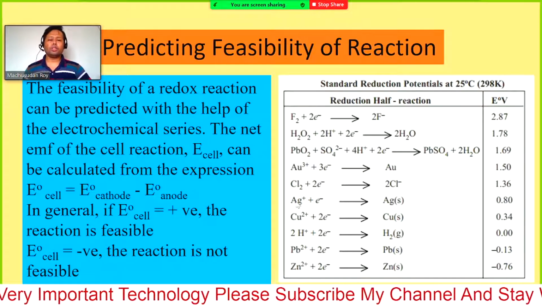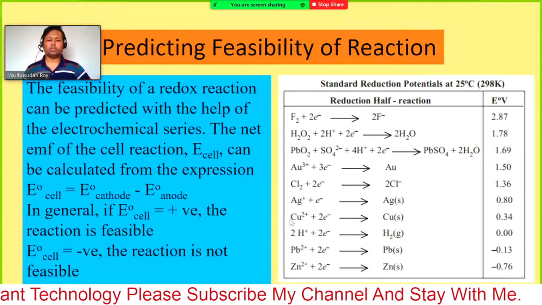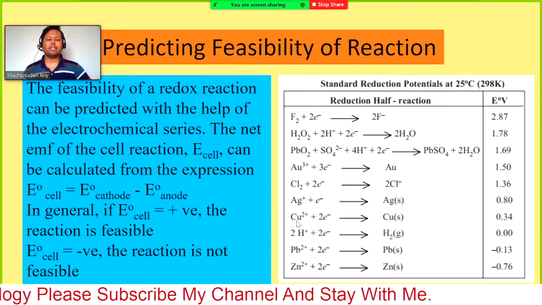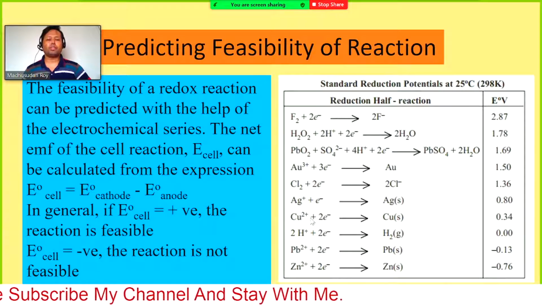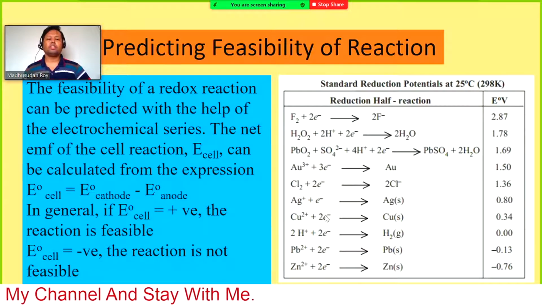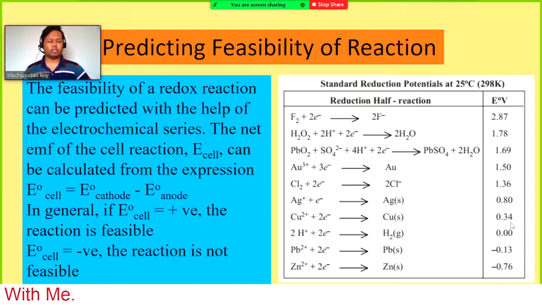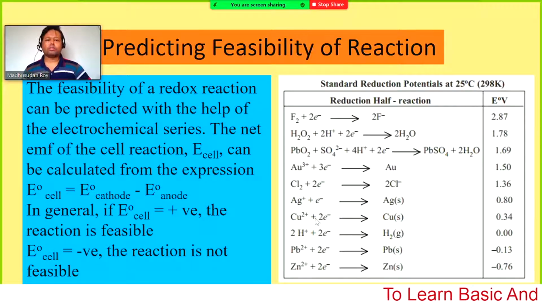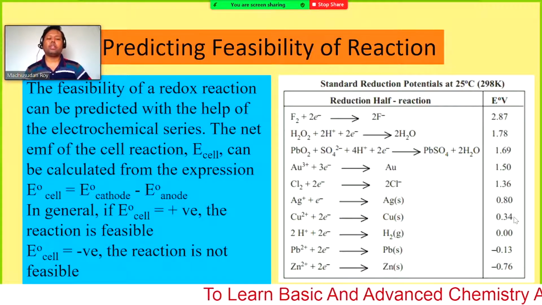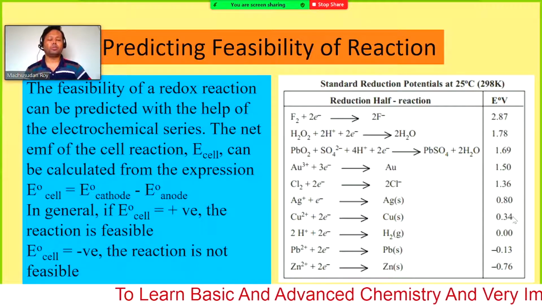If you use a copper electrode, you will get the reduction potential for Cu2+ plus 2 electrons gives Cu. That will give 0.34 electron volt. Sorry, volt, not electron volt. Copper can get just 0.34 volt.